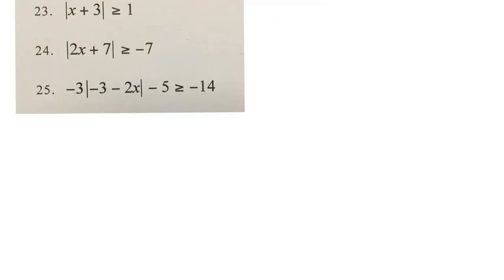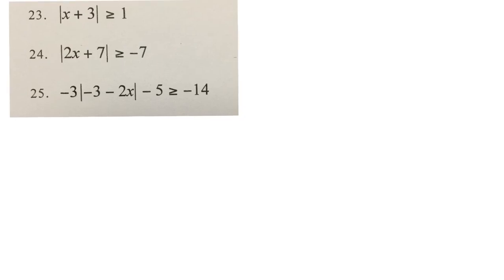Well, I totally just did all these problems and wasn't recording, so we're going to do them again. The absolute value of x plus 3 is greater than or equal to 1. So this is x plus 3 is greater than or equal to 1, or x plus 3 is less than or equal to negative 1. So we'll subtract 3.